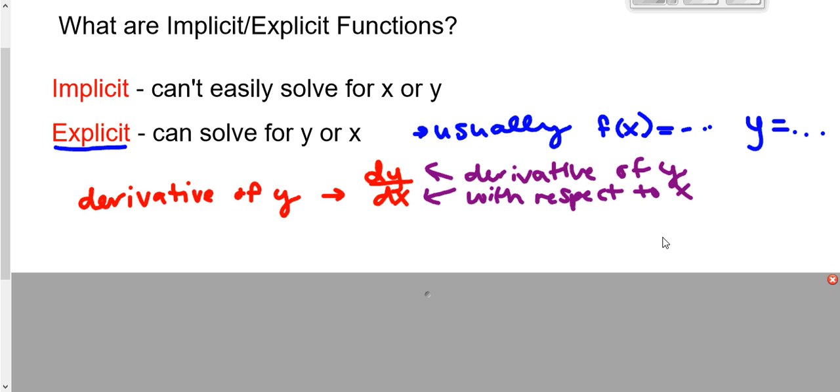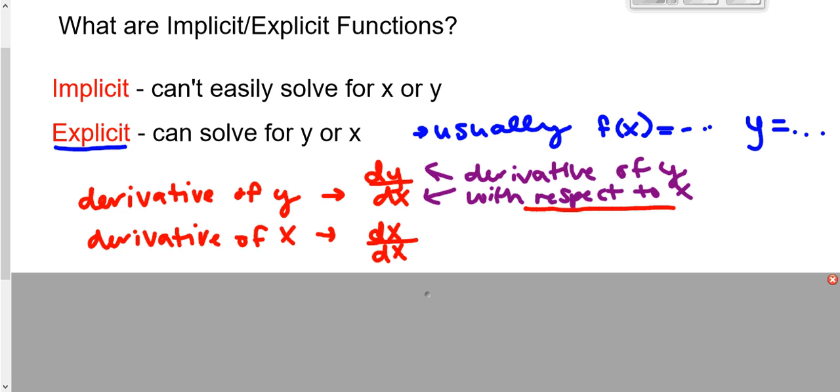When we take the derivative of x, we haven't had to write this before, and technically you don't, but I think it's going to help you understand. The derivative of x is the derivative of x with respect to x. For one problem, the with respect to part does not change.